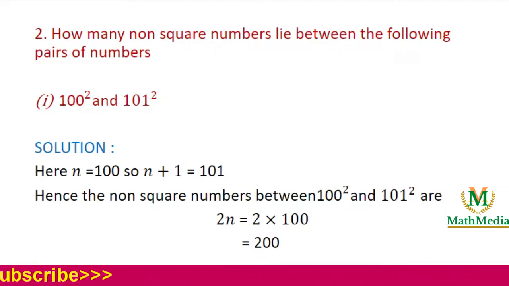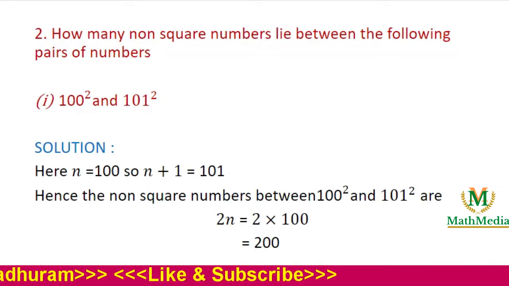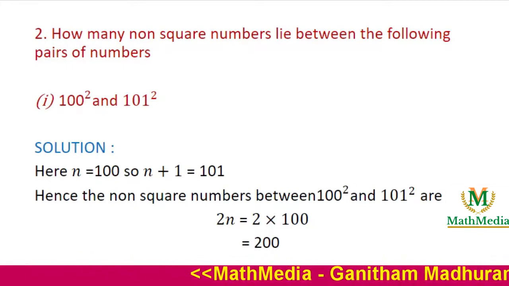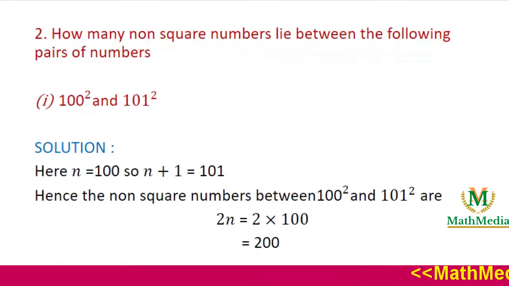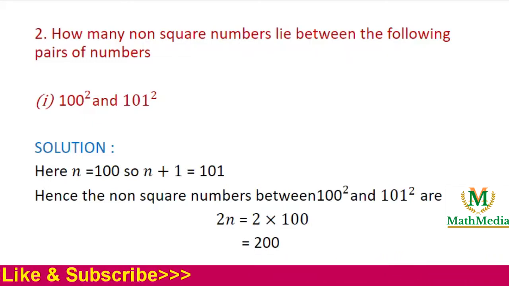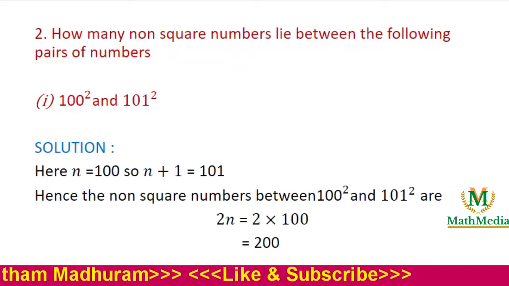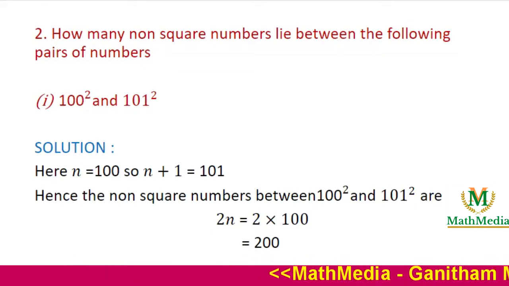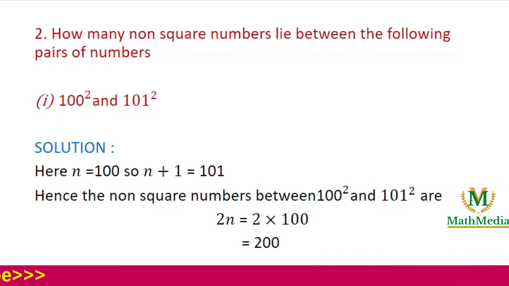Hence the non-square numbers between the given pair will be 2n, that is 2 into 100 equal to 200. Hence there are 200 non-square numbers between 100 square and 101 square.